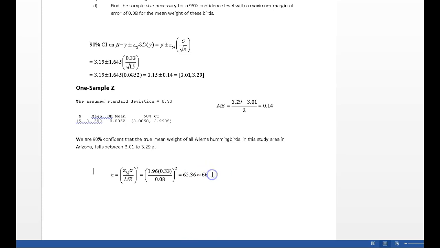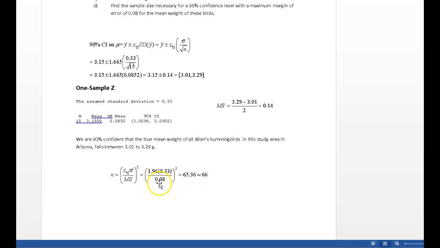You always round up to a whole number, always round up, never down. So in this case, if we wanted to do a study to estimate the true average weight of these birds, 95% confident, with a margin of error of only 0.08, that's going to require 66 birds, randomly picked.